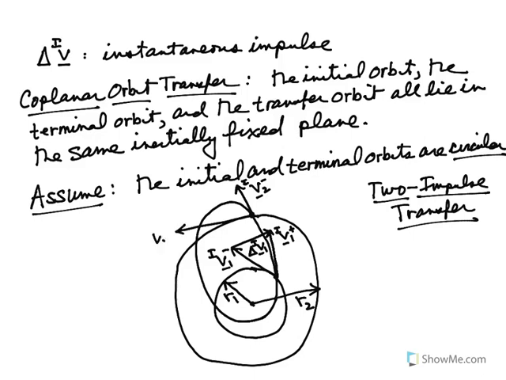This is v2 plus I. Then the second impulse has to be the vector that connects these two, which is delta v2 I. Now, that's what the diagram looks like in terms of the two impulses. But we're going to actually work with now a basic two impulse transfer after we've figured out the basic properties that have to be true of the transfer orbit. So this is properties of the transfer orbit.